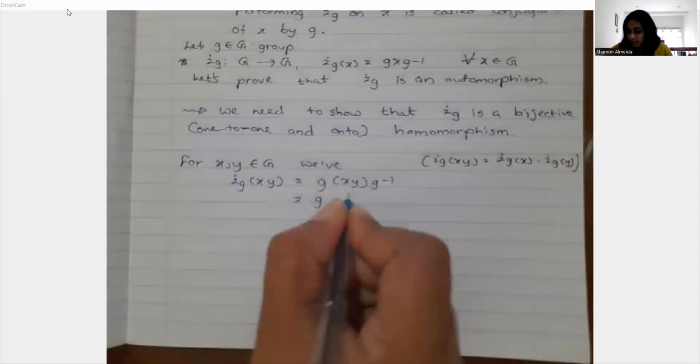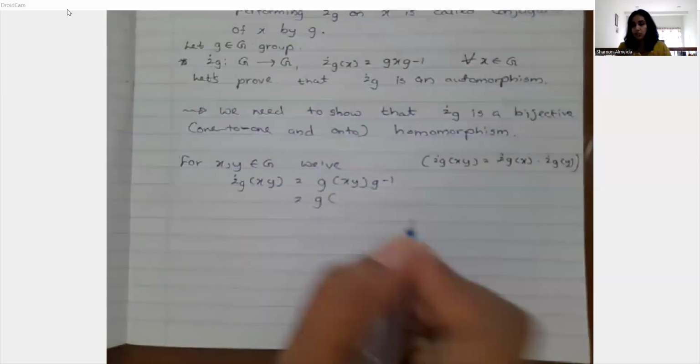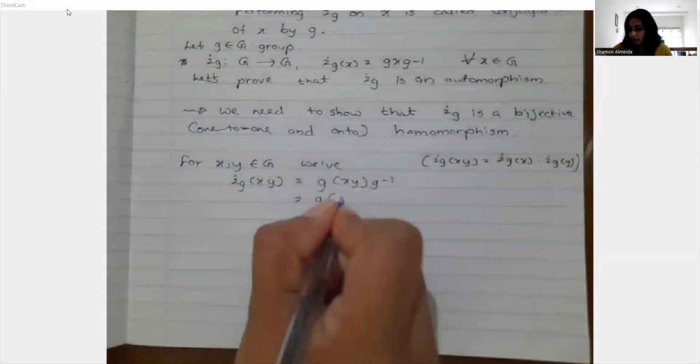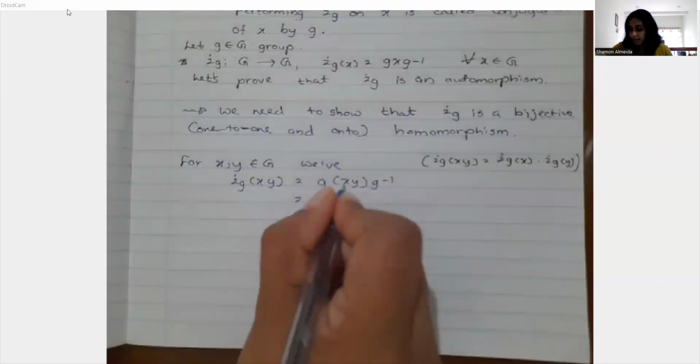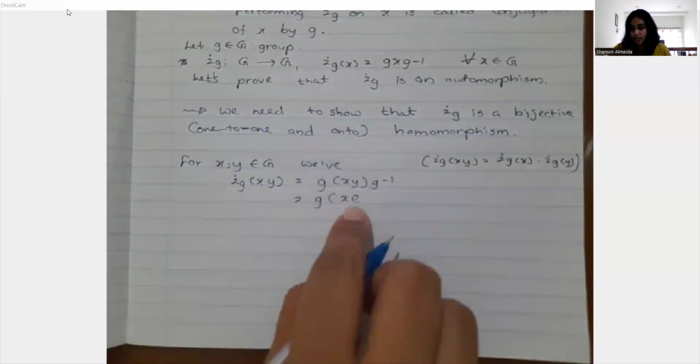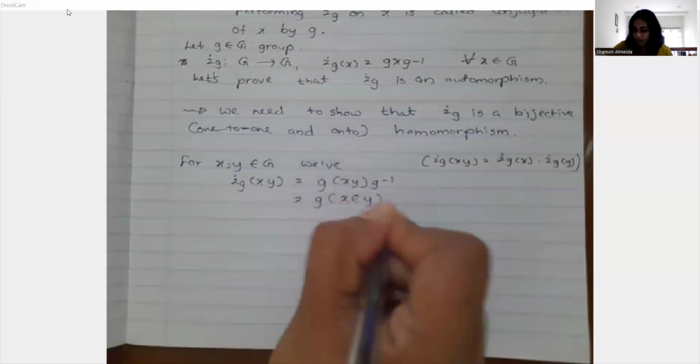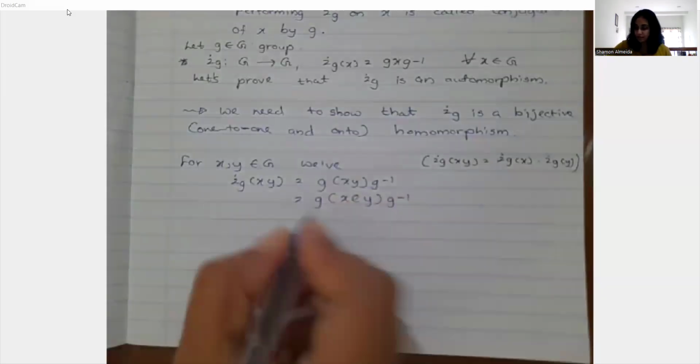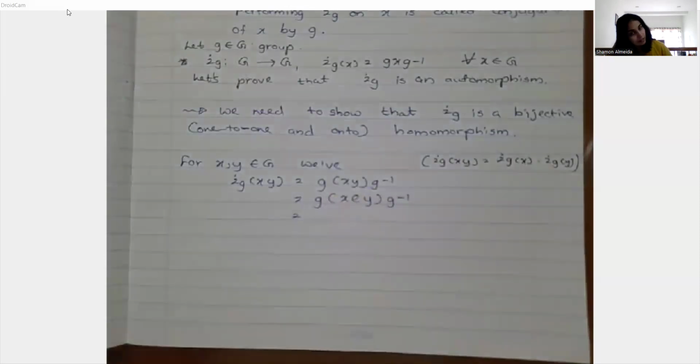And we know that it's easy to incorporate that, because x times y, I can write as x times E times y, where E is the identity, right? By definition of the identity, we know that the identity times any element that you take from the group will give you that element.